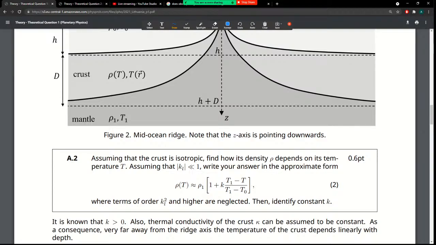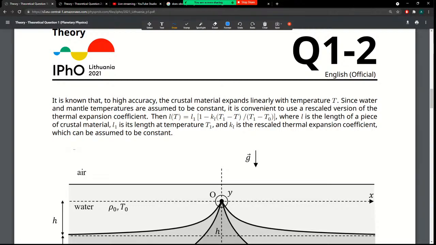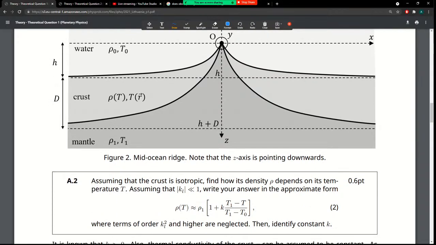And then A2, assuming the crust is isotropic, find how the density rho depends on its temperature T, assuming that KL is much less than 1, and write your answer in the approximate form, where terms of order KL squared and higher are neglected, and identify constant K. Okay, that looks pretty similar to the formula for the length of the crust material.